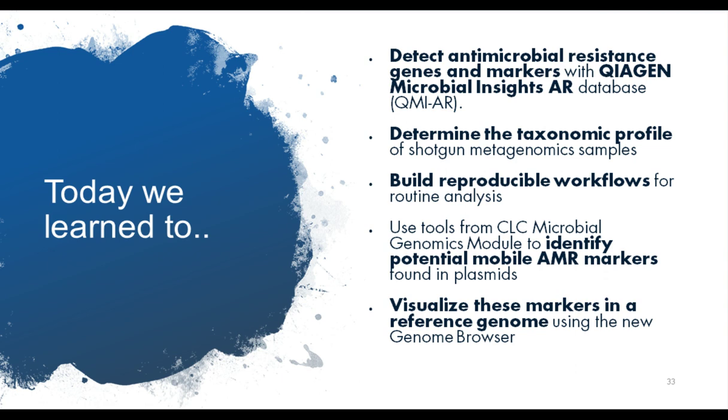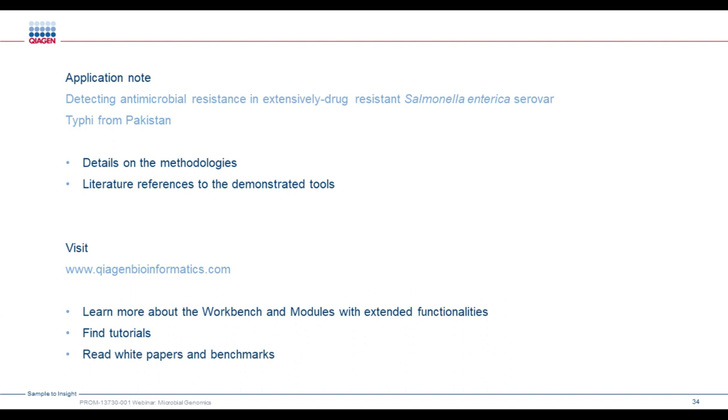We also discussed how to build reproducible workflows for routine analysis. And we also learned a bit about how to identify plasmid sequences and also analyze mobile elements that might be present in your samples. And lastly, we also looked at a range of different visualizations on how you might want to see these markers in your data and compare them across multiple data sets long term.